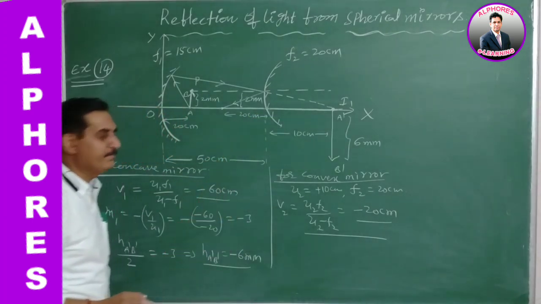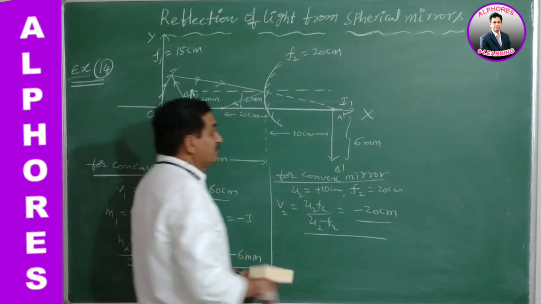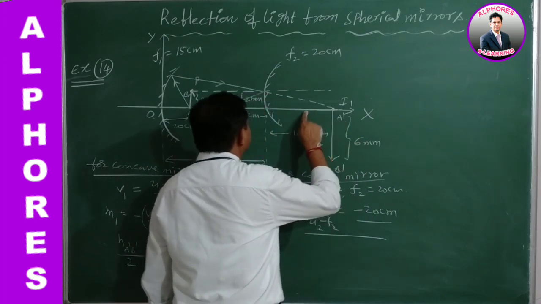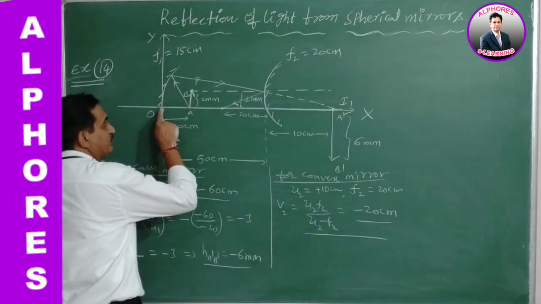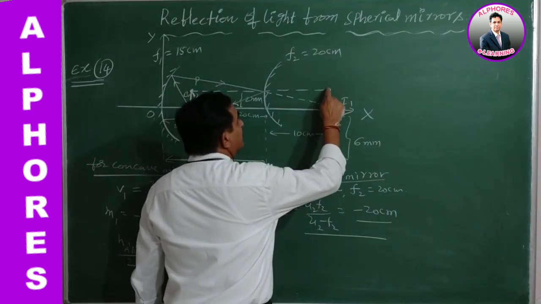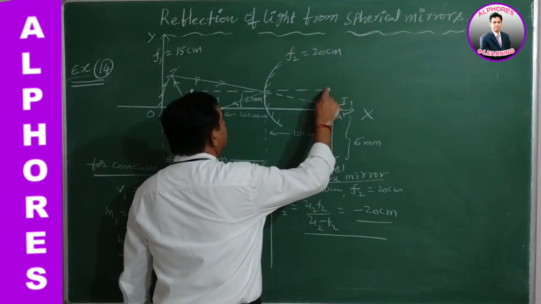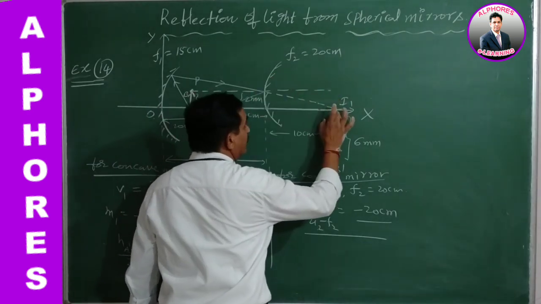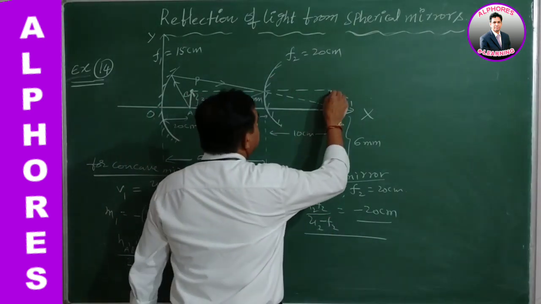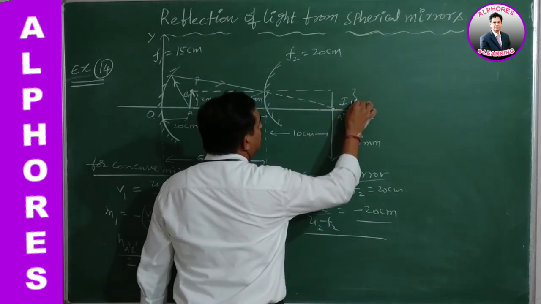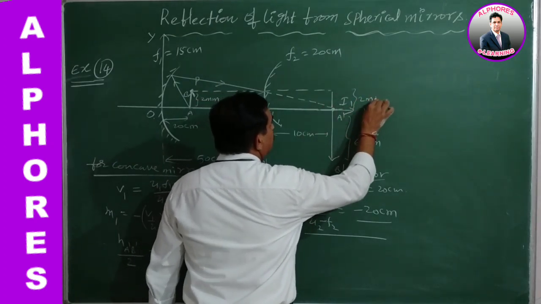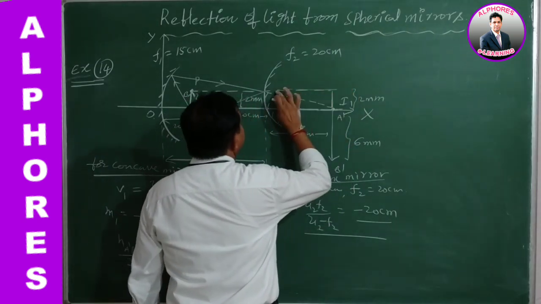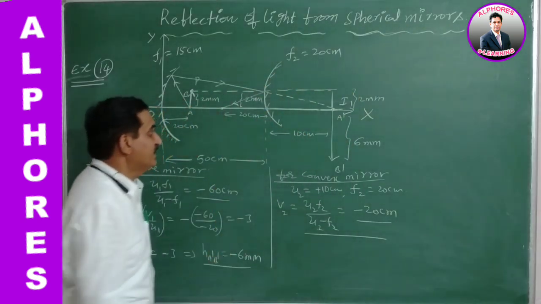Okay, everything okay. But here this size 6 millimeters is not taken on this line. This is the principal axis of the concave mirror. We should take the reference line, that is the principal axis of the convex mirror, because this is the object for the convex mirror. Therefore, add this 2 millimeter. So the total size of the object from the principal axis of the convex mirror is how much?